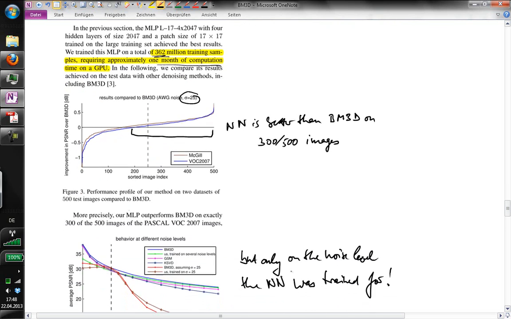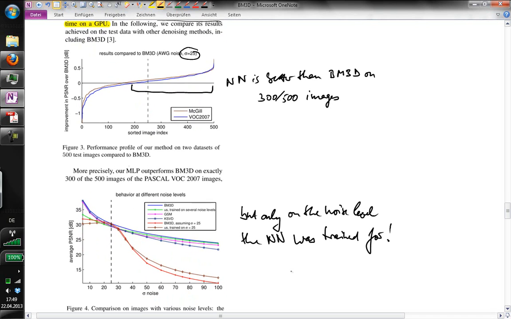However, if you then look at other standard deviations, so at images with more or less noise, you see 25 is the regime the neural network was optimized for.